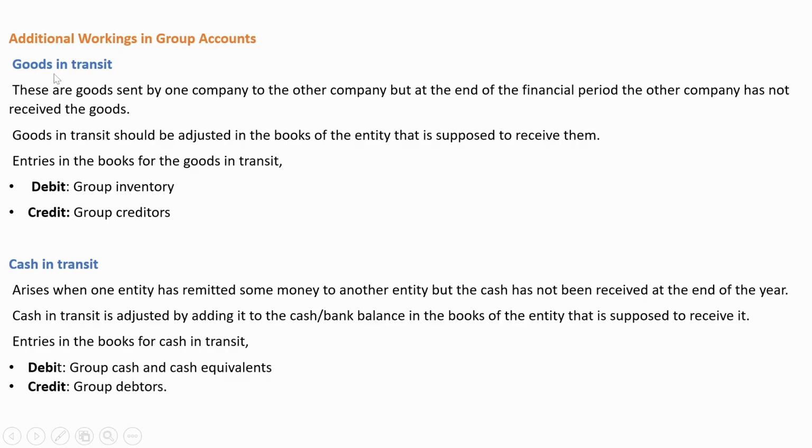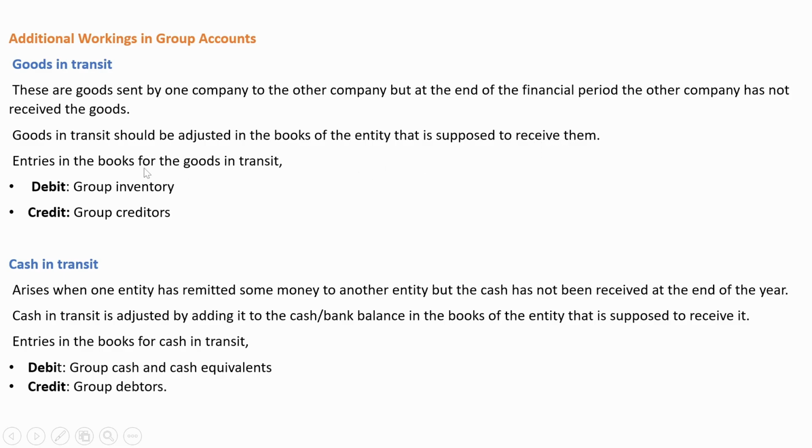One of them is goods in transit. These are goods sent by one company to the other company, but at the end of the financial period, the other company has not received the goods. So goods in transit should be adjusted in the books of the entity that is supposed to receive them.